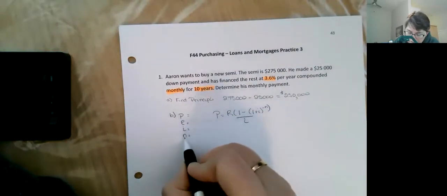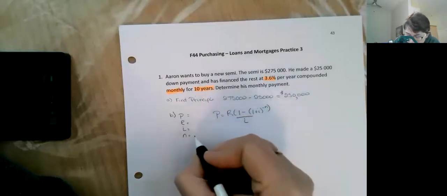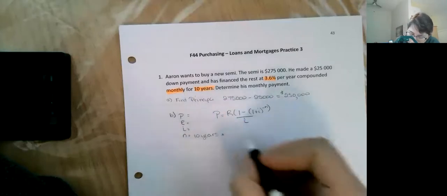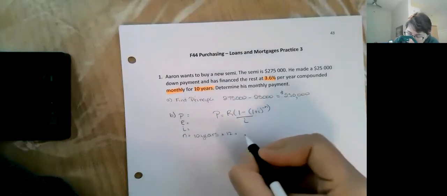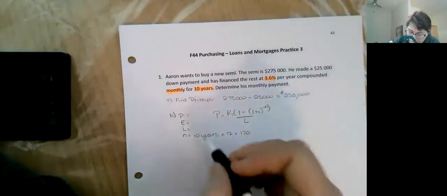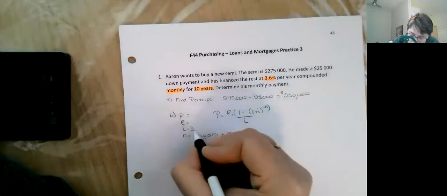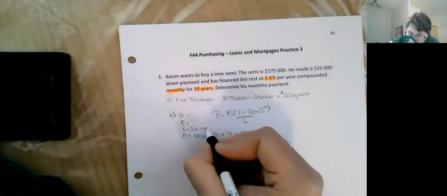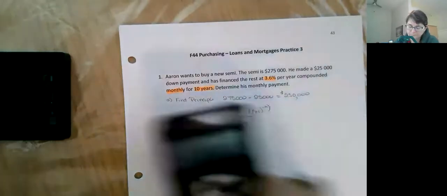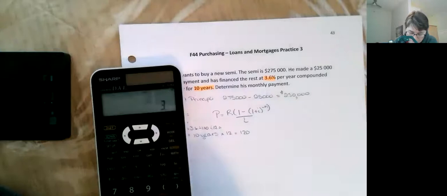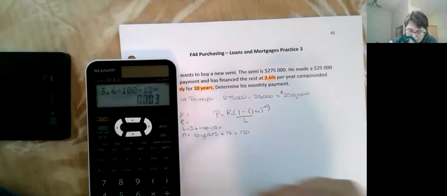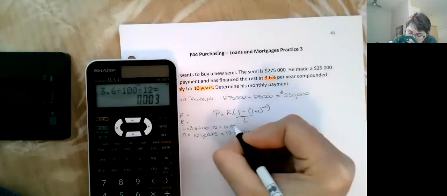So N has got to do with time, so it's 10 years times monthly payments. So it's going to be 120 payments. My interest is 3.6 divided by 100 divided by 12, which is 0.003.